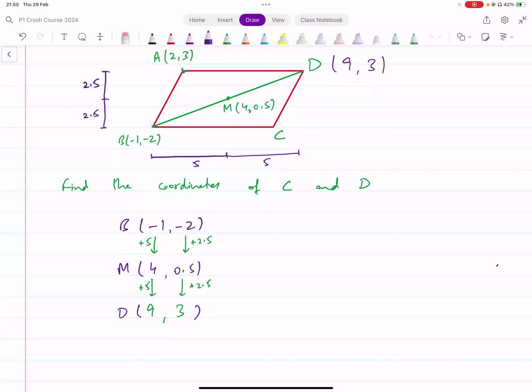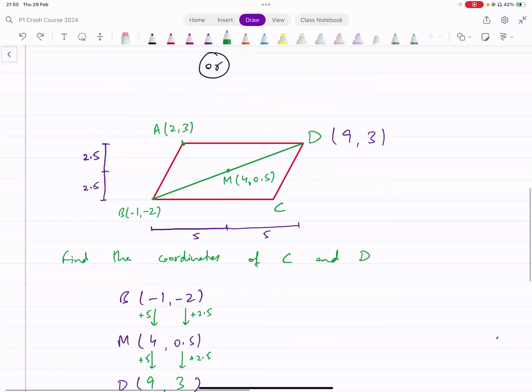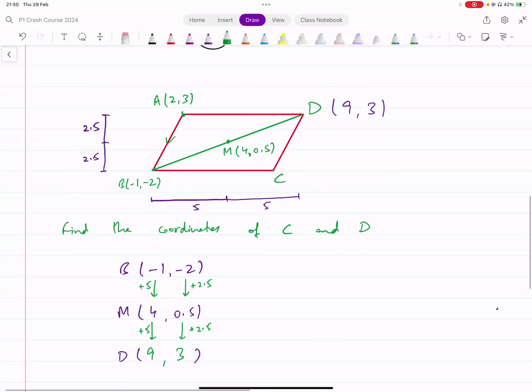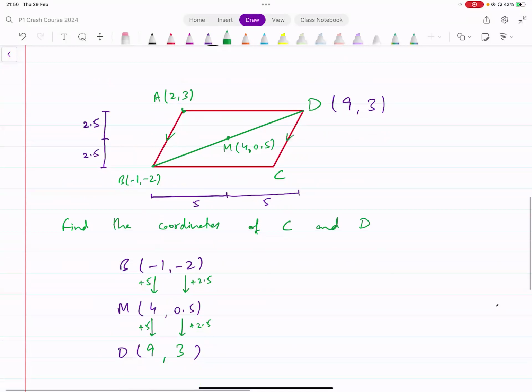If you had to find the point C now, the AB line is parallel to the DC line, right? AB and DC are parallel, just like AD and DC are parallel.